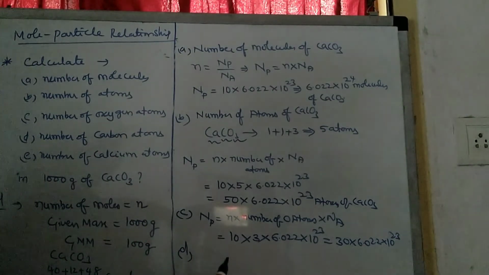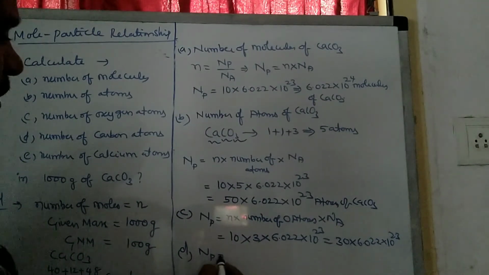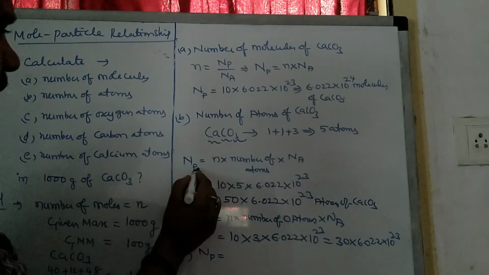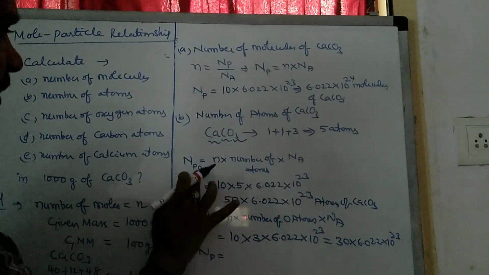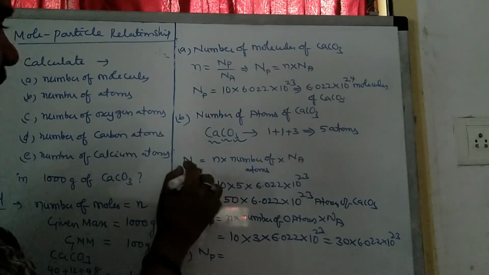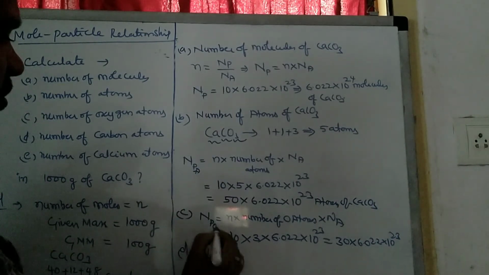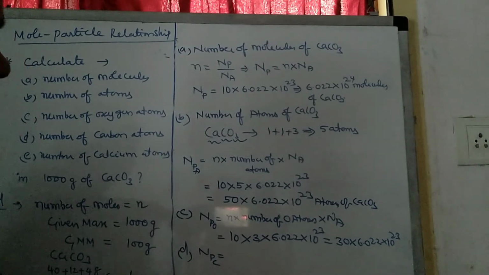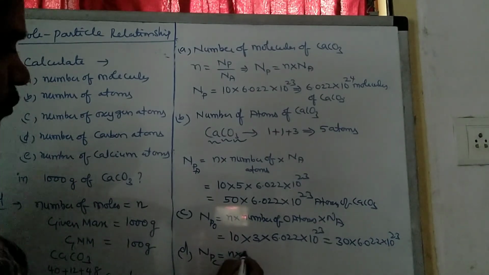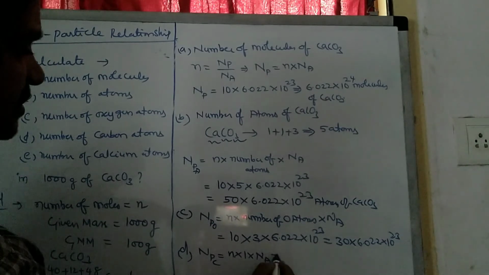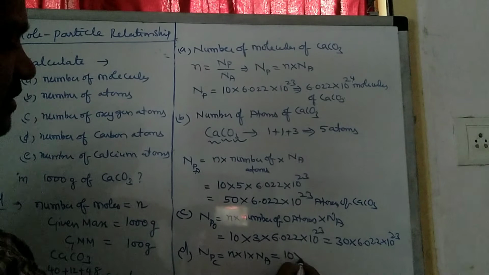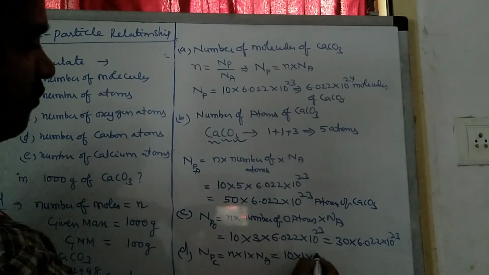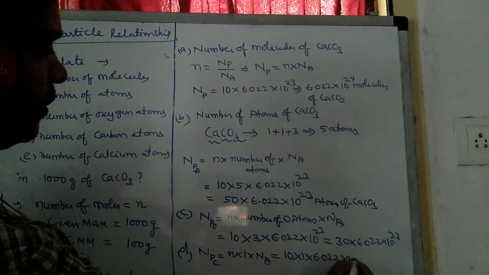Next question is number of carbon atoms. Carbon has only one atom. So the number of particles of carbon is n into 1 into Avogadro number, because carbon is only 1. So 10 is the number of moles, 1 into 6.022 into 10 power 23.